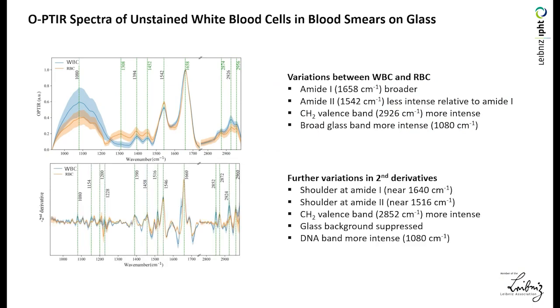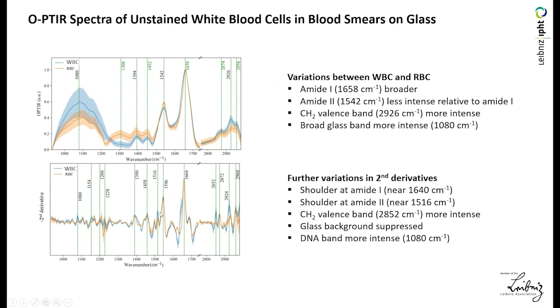And here it also makes sense to calculate the second derivative, because these broad spectral contributions of glass can be very nicely compensated in the second derivative. And then as another marker band to distinguish red blood cells from white blood cells, the DNA band is resolved for white blood cells.